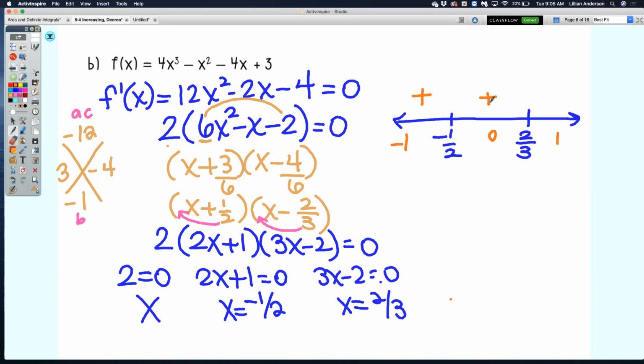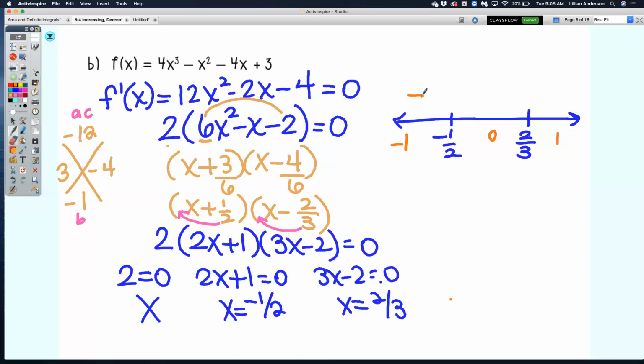I got another positive number. So you got positive all the way across? Wait, this is for the derivative? I got negative. Yeah, remember you plug your test points into the derivative. Oh. Yeah, I got negative, negative, positive. Oh, okay. Yeah, that's what I messed up. I plugged it into the original.